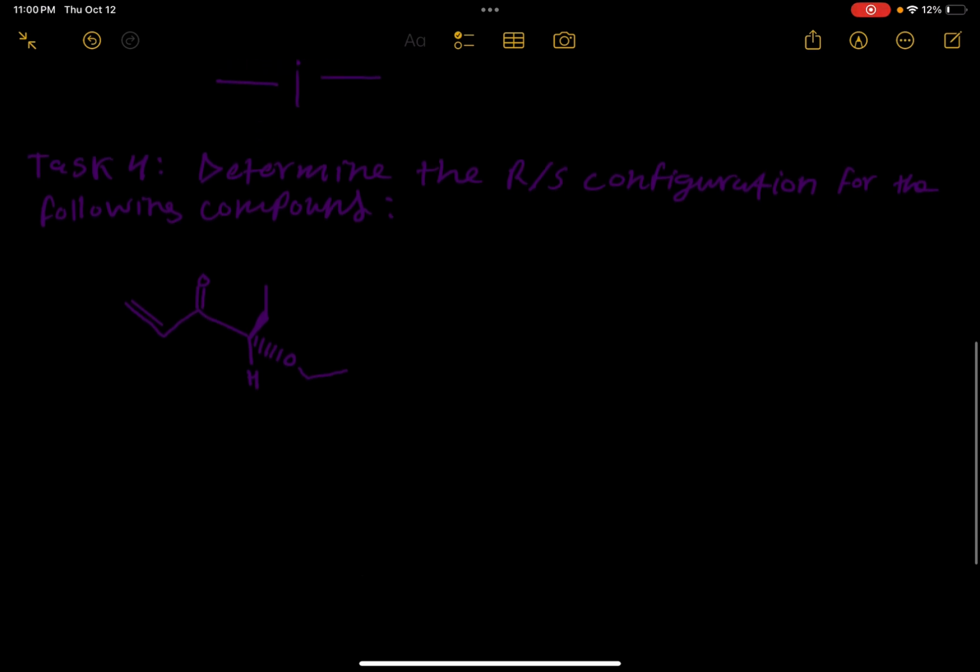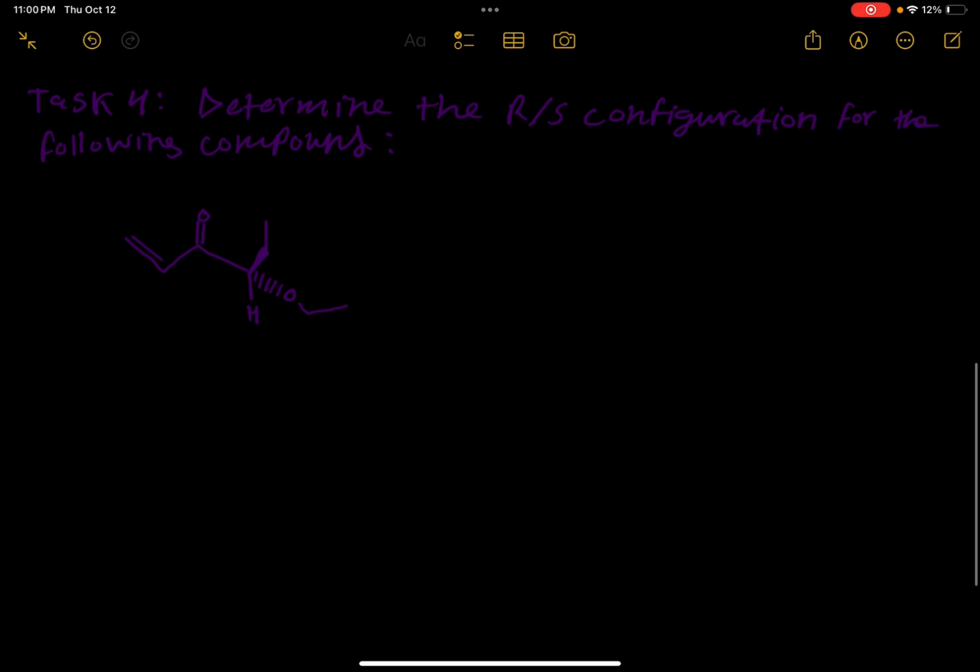For the last task, we have to determine the configuration for this compound, whether it's R or S. And we first start by looking for the chiral center, and as we can see, there's a chiral center right here, and we know that because it's tetrahedral and there's 4 different groups attached to this C right here.